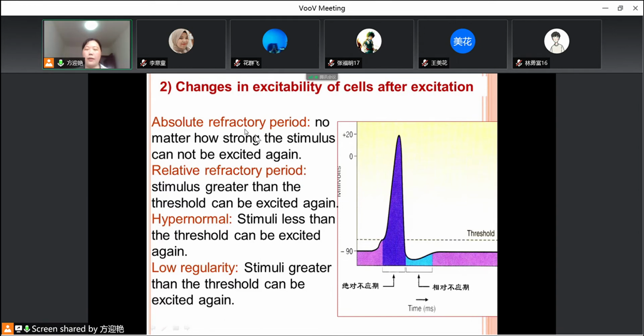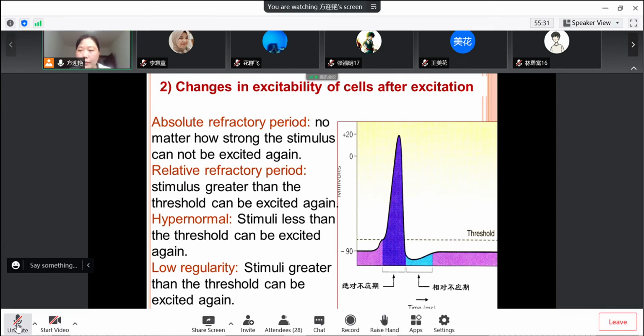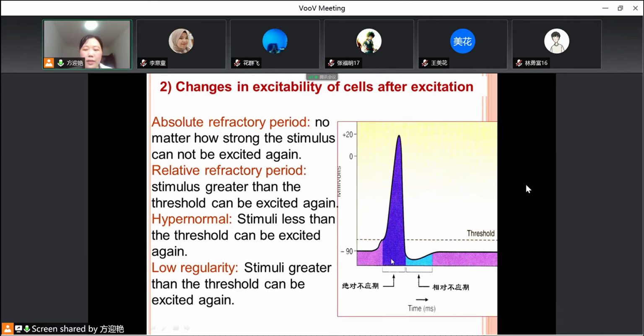Can you tell me, during this period, is the cell's excitability higher or lower? Who can tell me? Higher. During this period, the first stimulation produces an action potential, and when we give a second stimulation, no action potential can be produced.